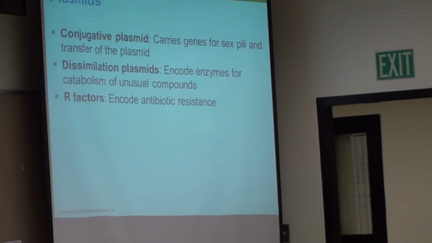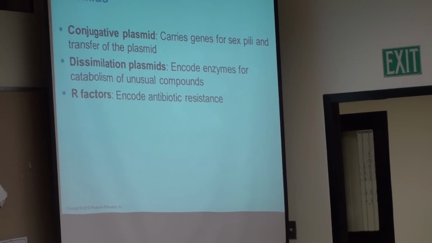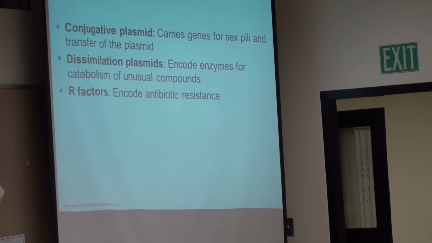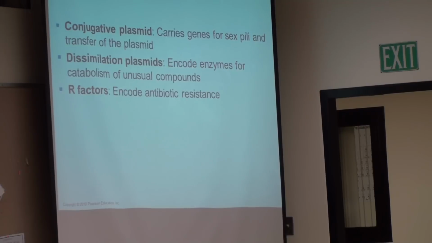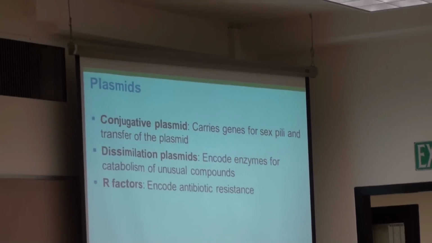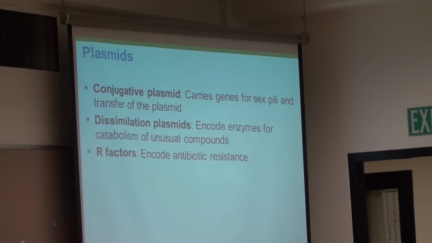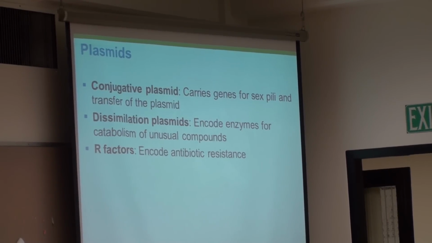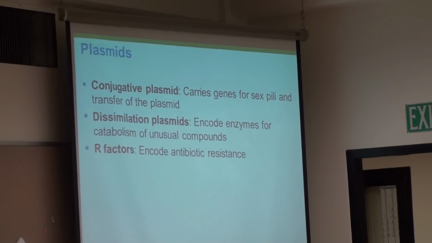From there, we're going to finish the last few topics, and one of the last topics is plasmids. Plasmids, you will remember, are described as extrachromosomal, meaning they're outside the chromosome. They are circular double-stranded DNA, and they usually carry extra genetic information. Plasmids are classified according to the genes that they carry.